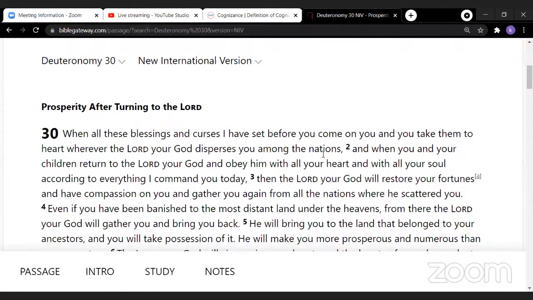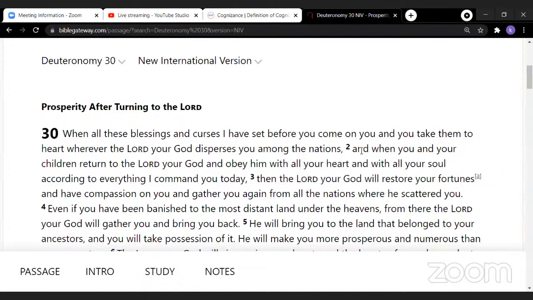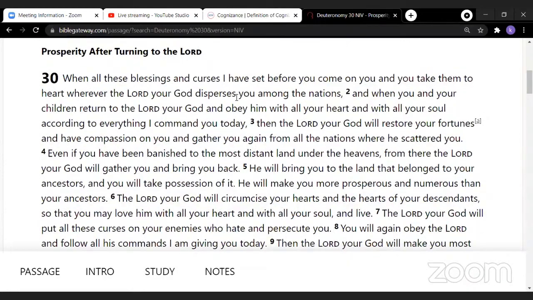We look at verse 2, it says when. So when is a form of if, right? When or if you and your children return to the Most High. Personal choice.